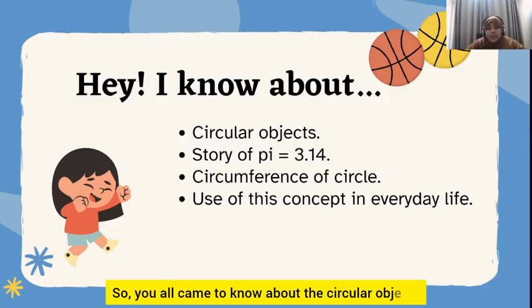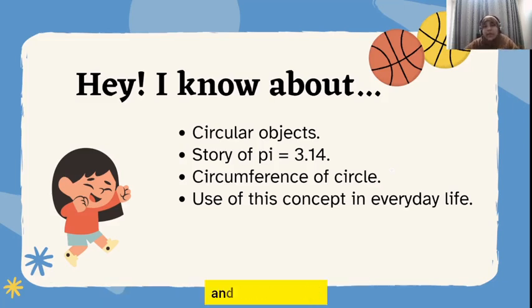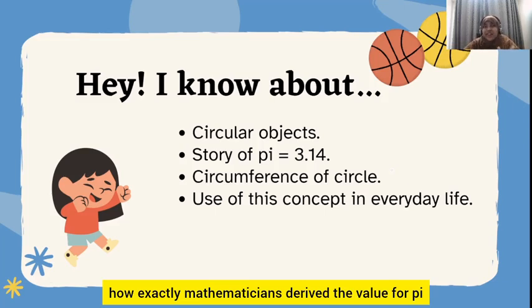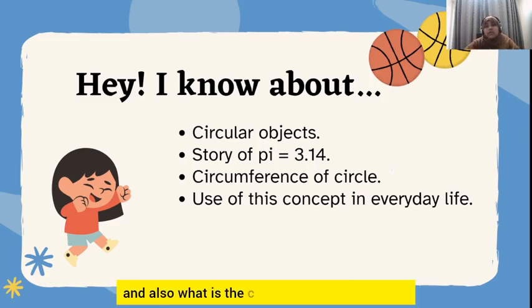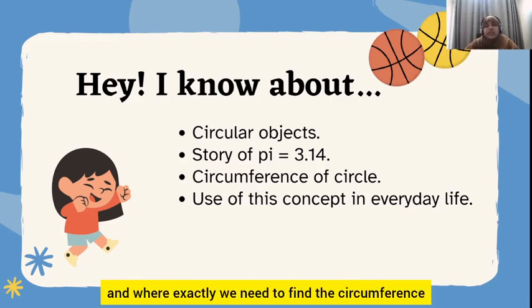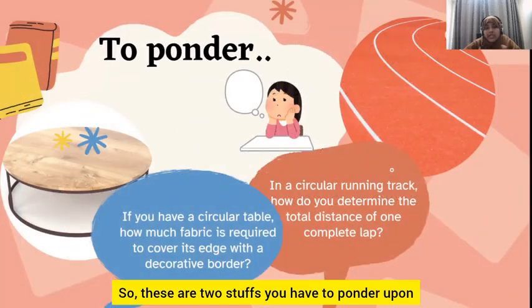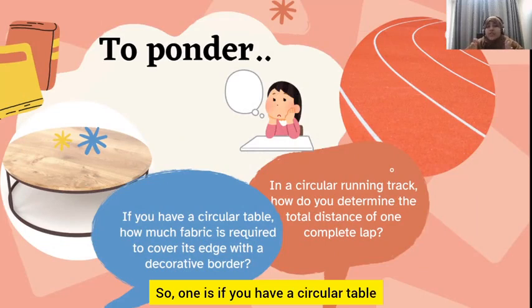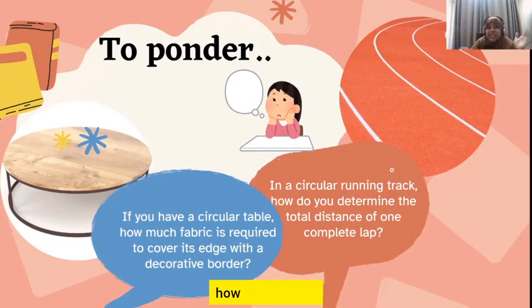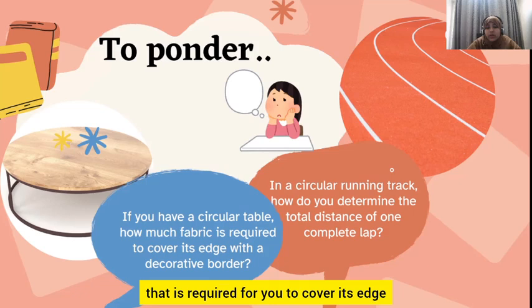So you all came to know about circular objects and the story of pi, how mathematicians derived the value for pi, what the circumference of the circle is, and where we need to find the circumference of the circle. Now there are two things you have to ponder upon. One is, if you have a circular table, how much fabric is required to cover its edge with some decorative borders.